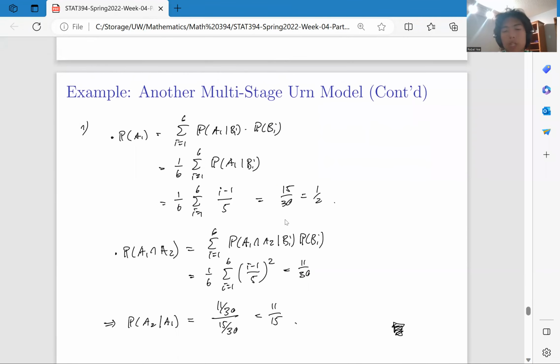And because it is with replacement, every time the urn has the same number of balls and red balls. So we just take the square, since it is a 2-stage experiment. From this formula, we calculate 11/30. By the conditional probability formula, the probability of A2 given A1 is the probability of A2 intersection A1 divided by P(A1), which is 11/15.